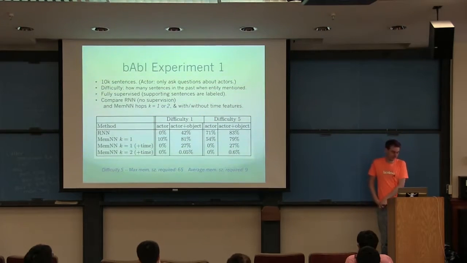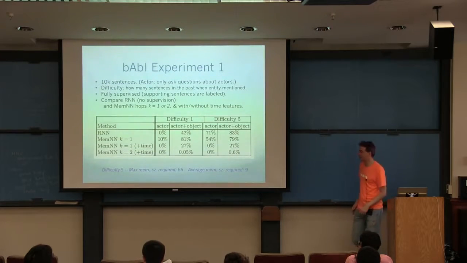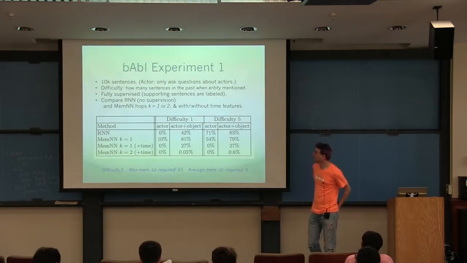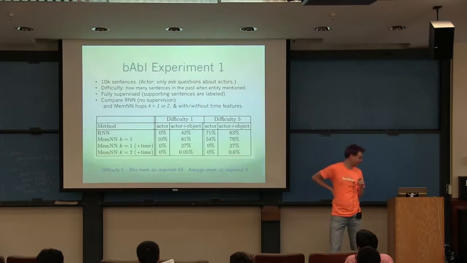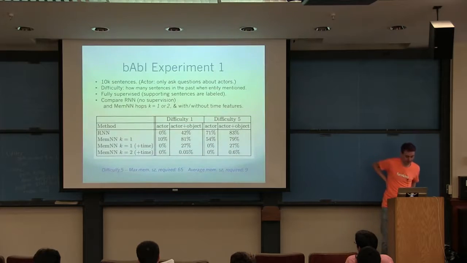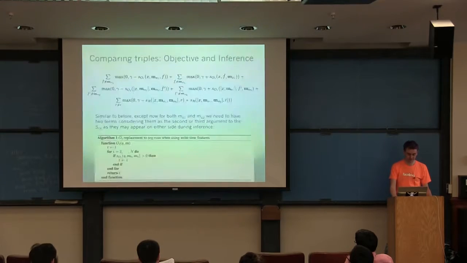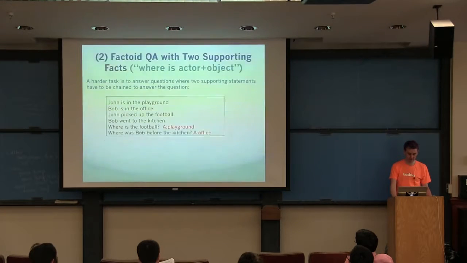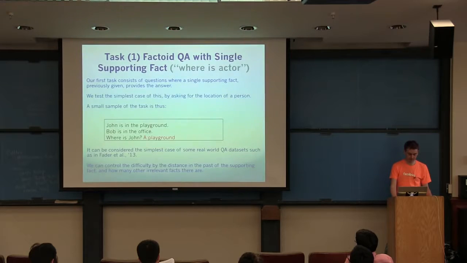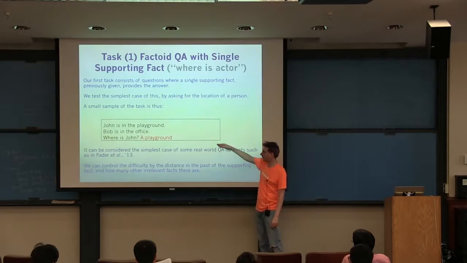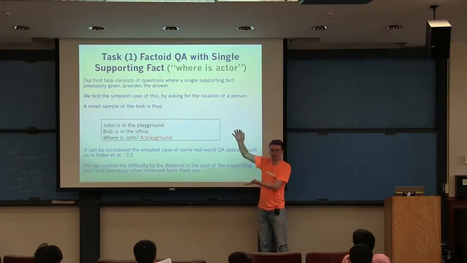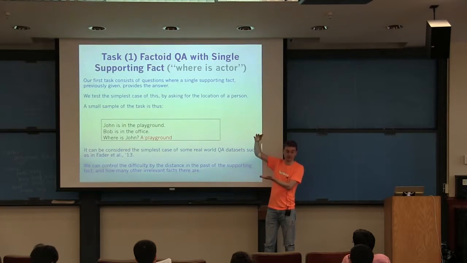Excuse me. Now to the simulation experiments. Here we took 10,000 sentences, and two different difficulty levels. We can control the difficulty of a question by how far away the supporting facts are from the answer.